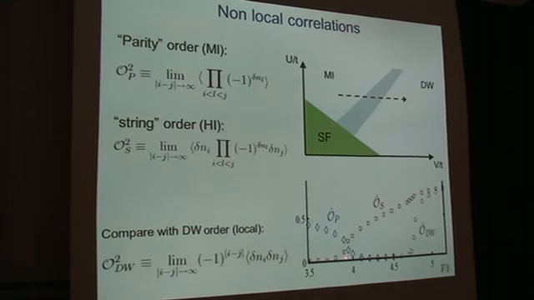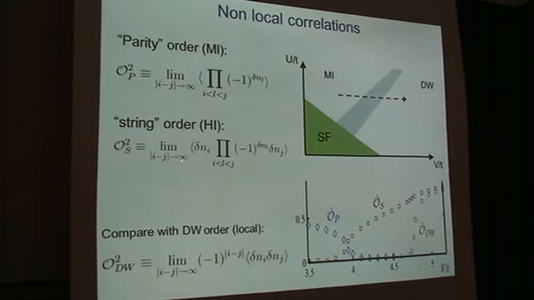But you see that at the other transition, there is another interesting thing that happens if you look at non-local correlation functions. One non-local correlation function that one can look at is a string correlation function, which is just like the density correlation, but the minus sign is not deterministic, but depends on the number of particles between point i and point j. So it's (-1) to the particle number between i and j.